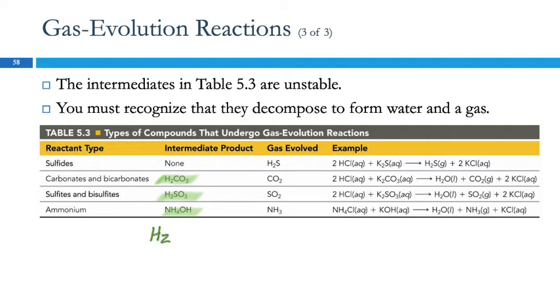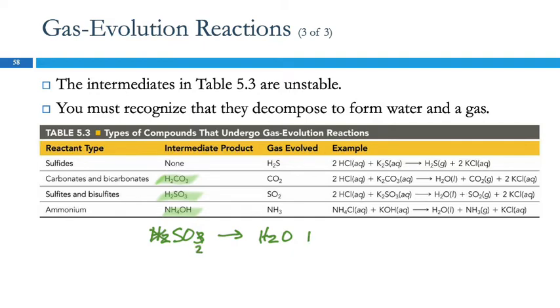So let's look at H2SO3. All three of these, when they decompose, make water and something else. So if I look at this formula and I remove two hydrogens and an oxygen, let's get rid of those guys and change this 3 into a 2.